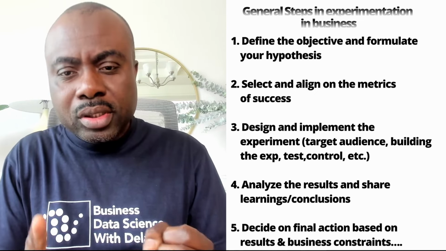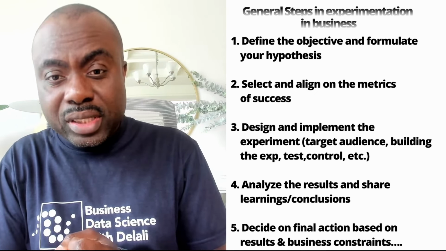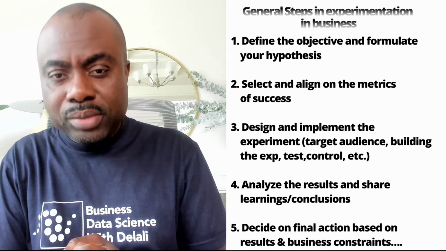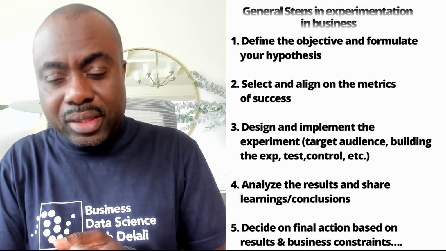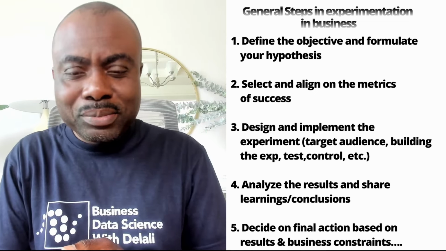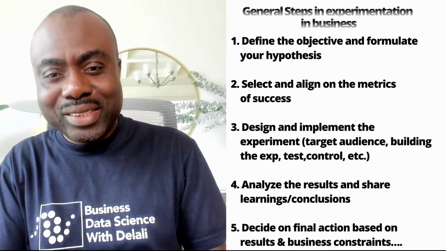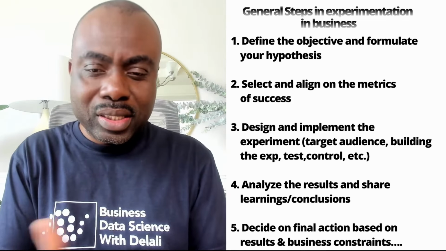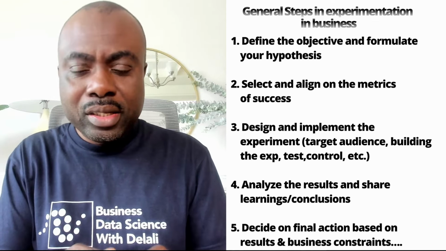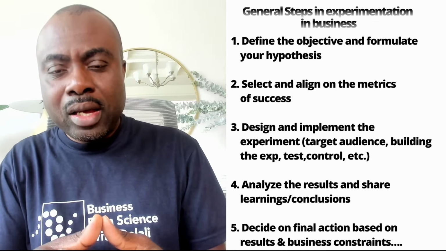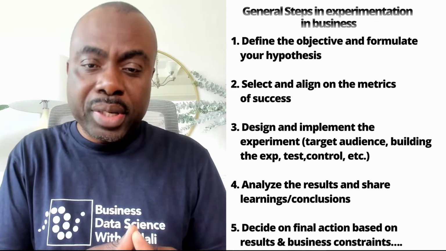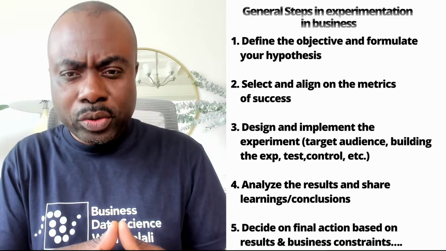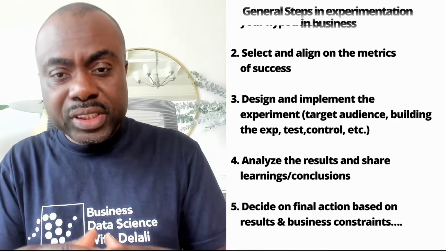Number 2 was defining the business metric and aligning with business stakeholders. Number 3, I believe, was designing and implementing the experiment, and the 4th one was measuring the experiment and reporting the outcome, and finally rolling out whatever outcome based on the experiment data and conclusions. Those are the 5 general steps.